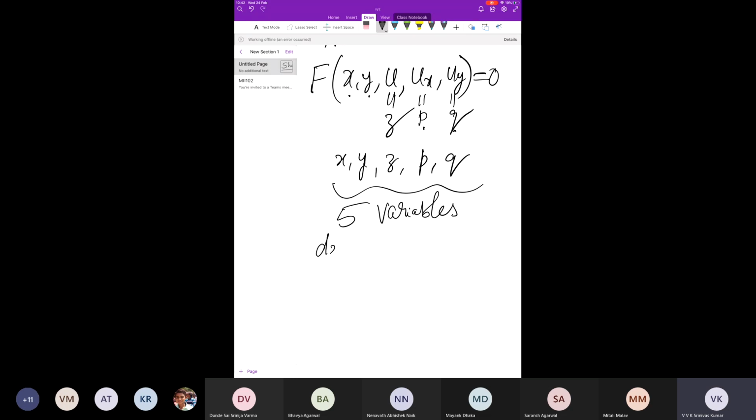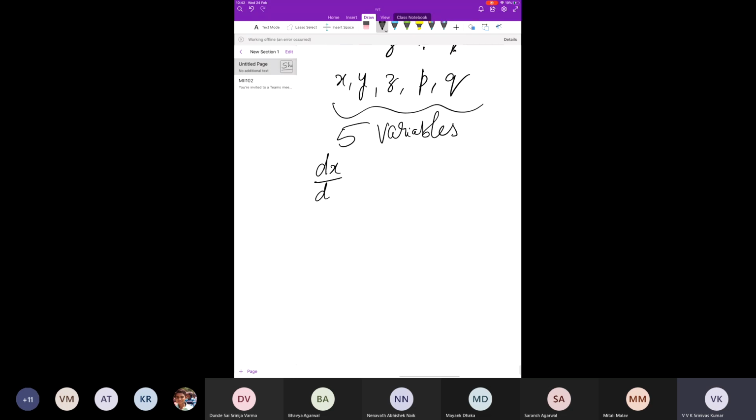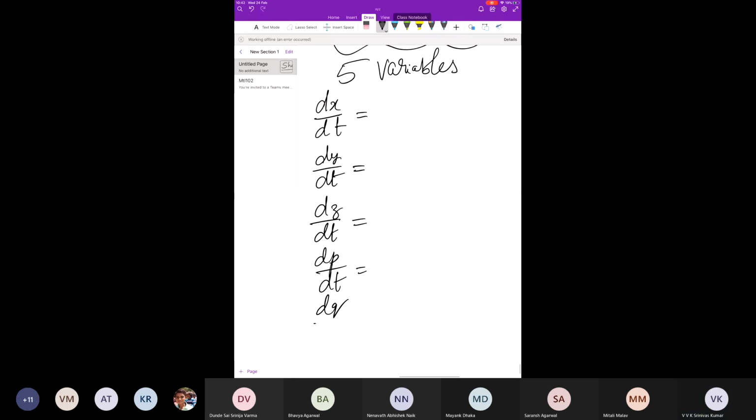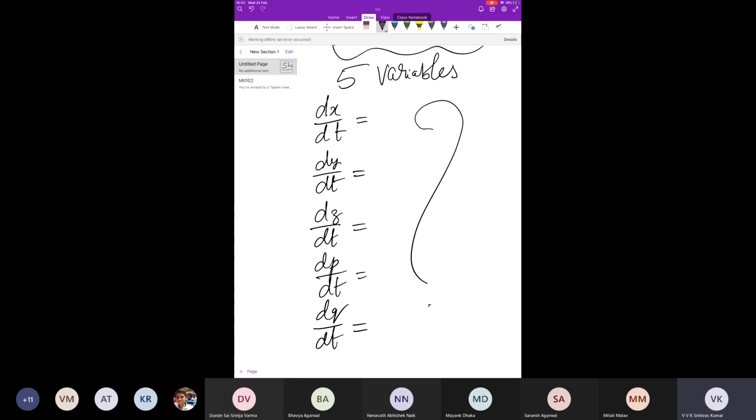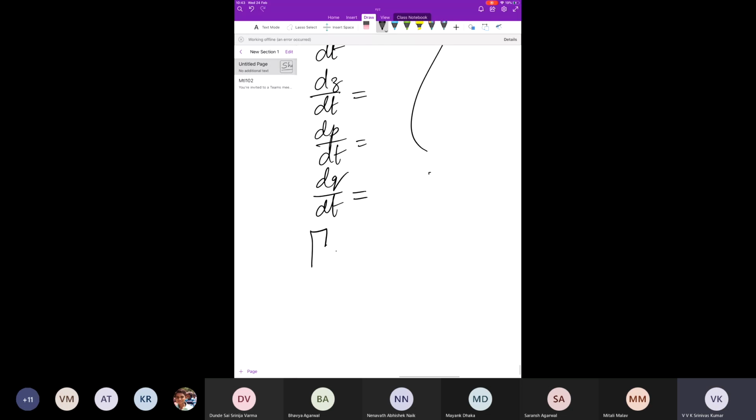So we need 5 characteristic equations, including dq upon dt. So how to get these 5 characteristic equations? And the initial data gamma is Fs, Gs, Hs, phi s, and psi s.